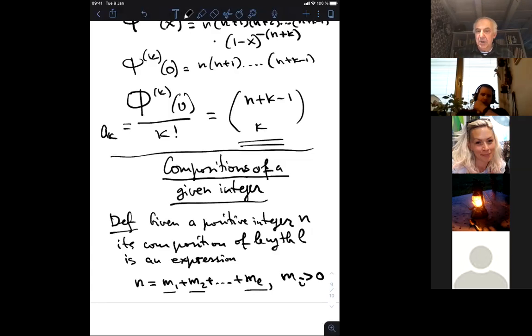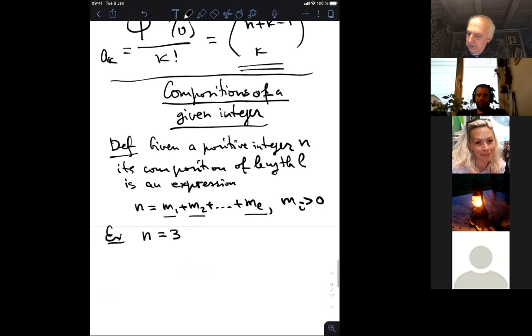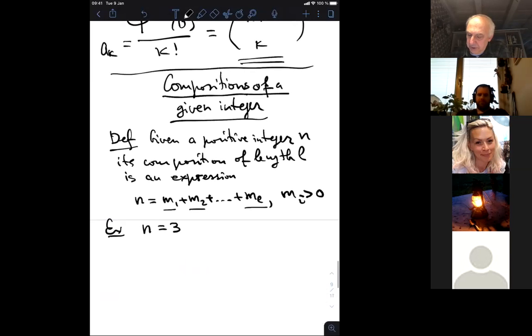So let me start with a simple example. How many compositions of the number 3 do we have? Composition example, n equals 3. We want to decompose 3 into an ordered sum of positive integers. So what are the possible compositions?